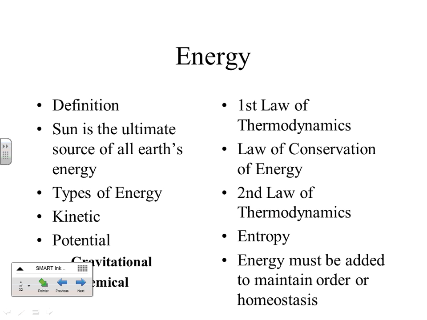So the idea of the second law of thermodynamics is about this concept called entropy. What's entropy? Disorder, chaos. And basically the second law of thermodynamics says this, that in nature, entropy is constantly what? Increasing.